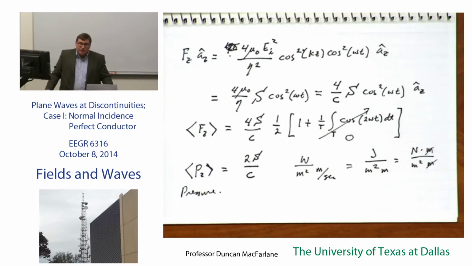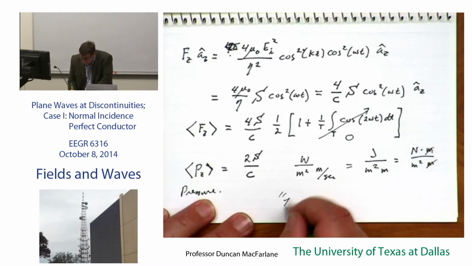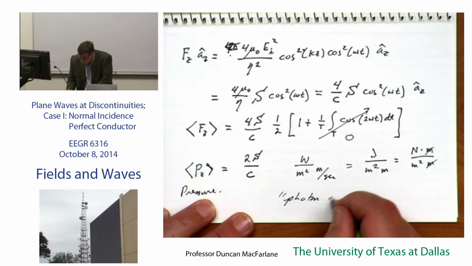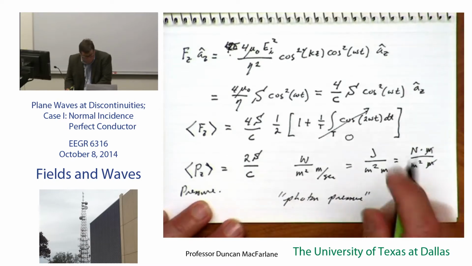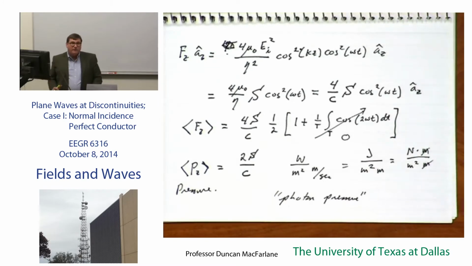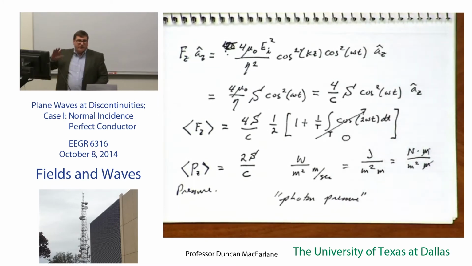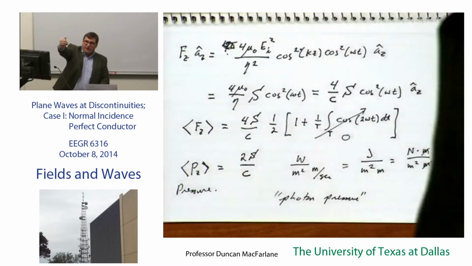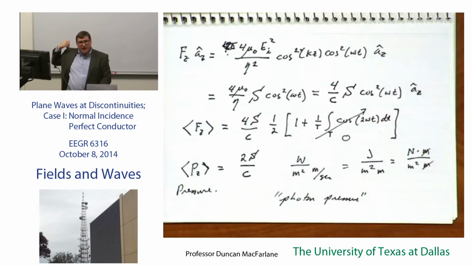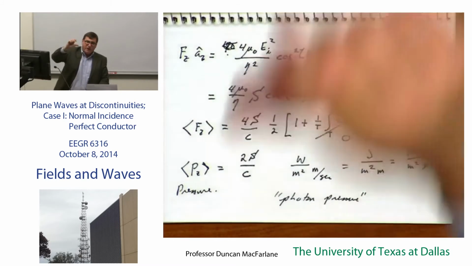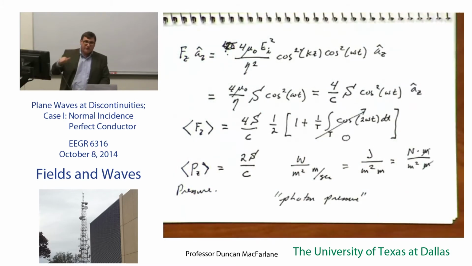Now, what we've done is we've derived this purely classically. But the term of art for this is called a photon pressure. And the quantum understanding of this is a photon comes in, kicks against the metal surface, and comes back out. And that transfer of momentum gives rise to a pressure.